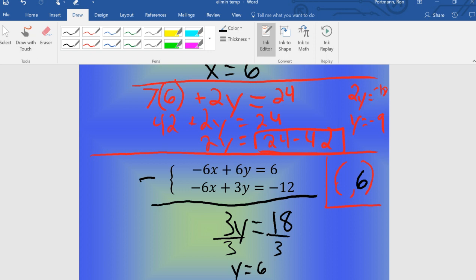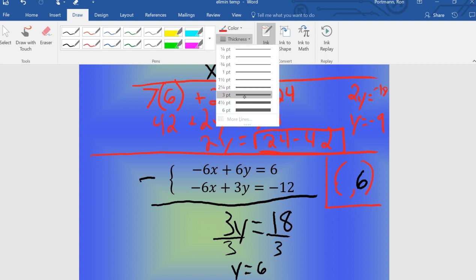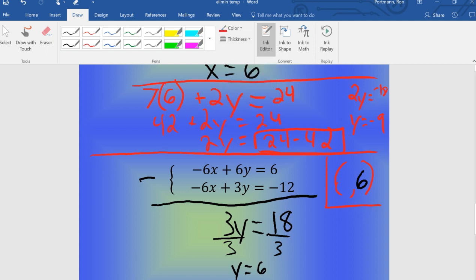All right? Now, let's block this off here. I am going to now plug 6 in for y, and I'm just going to use the first equation. The second one has negative 12 on the other side.